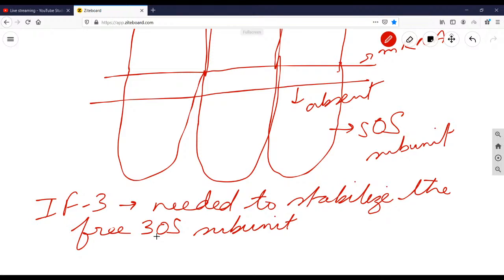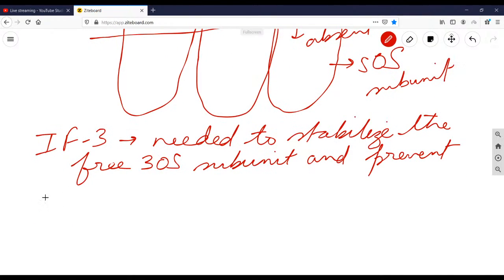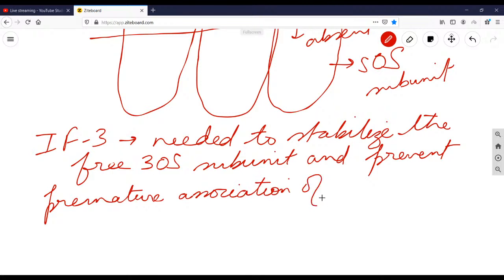It should be stabilized, and another function is to prevent premature association of the 50S subunit. Why is this necessary? Everything will be explained, just hold on.